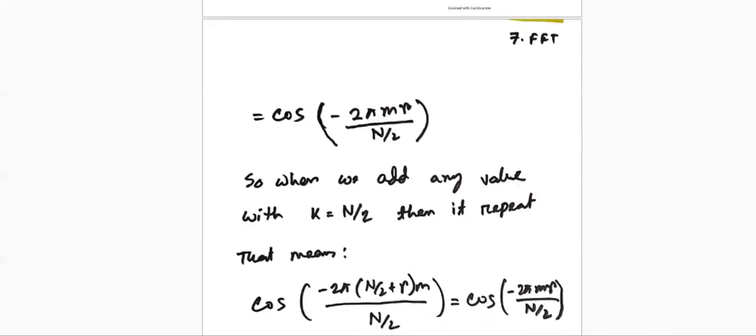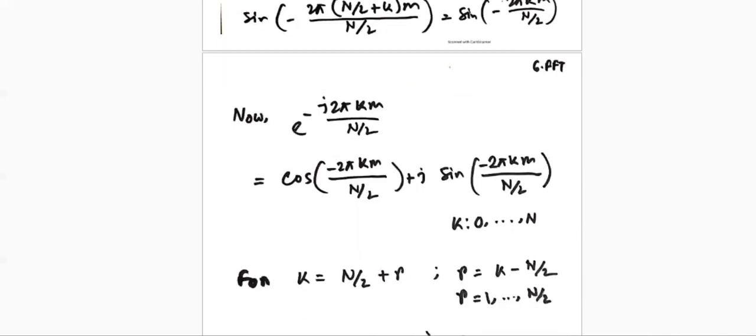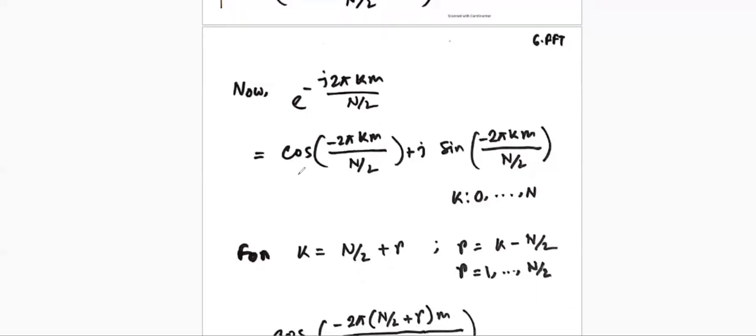In page 5, we have found some terms, and if you look at it, you have these two common terms. So these are the common values. Now we try to understand deeply how these terms look. This term can be written as a cos function with the sine function.